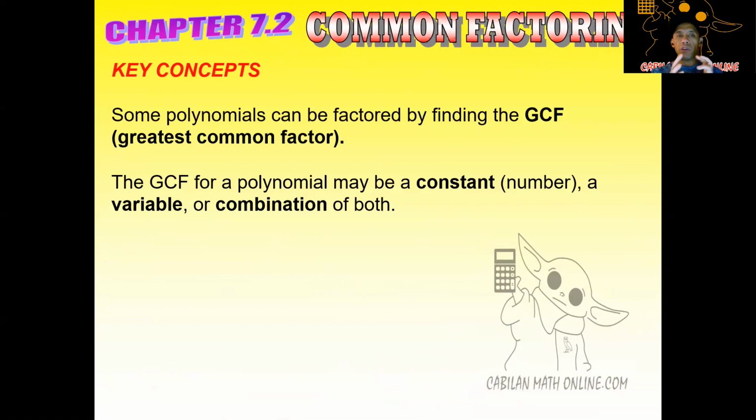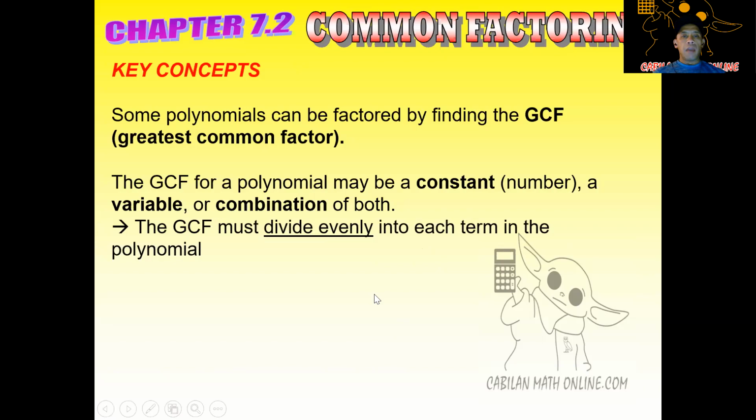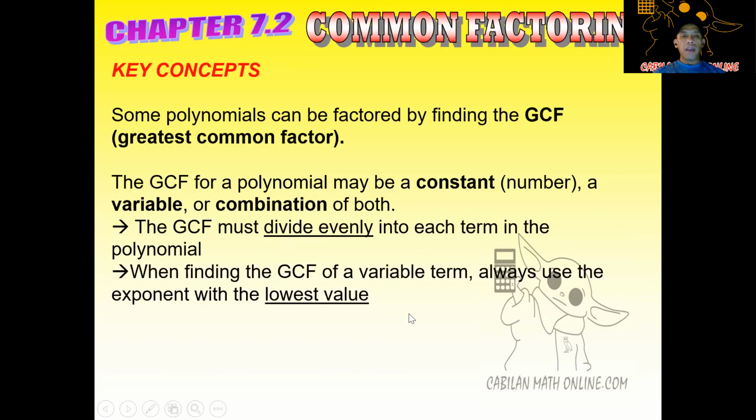So for each question we look at today, we're going to break it down step by step. You look at the number and, if we need to, a letter. The greatest common factor is something that goes evenly into each term in a question, and it's a number or a letter or a combination of the two.